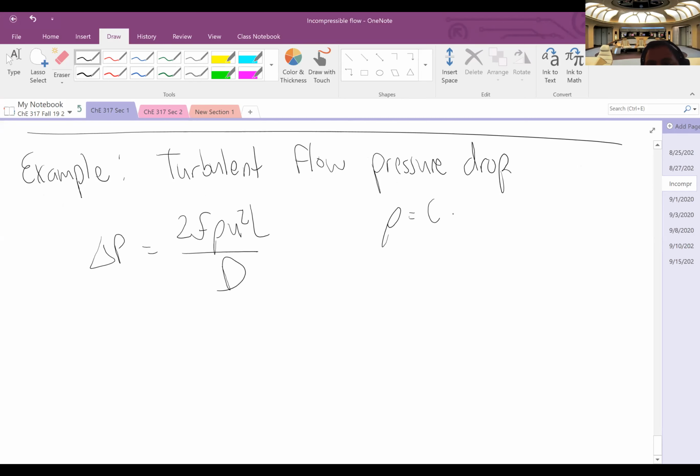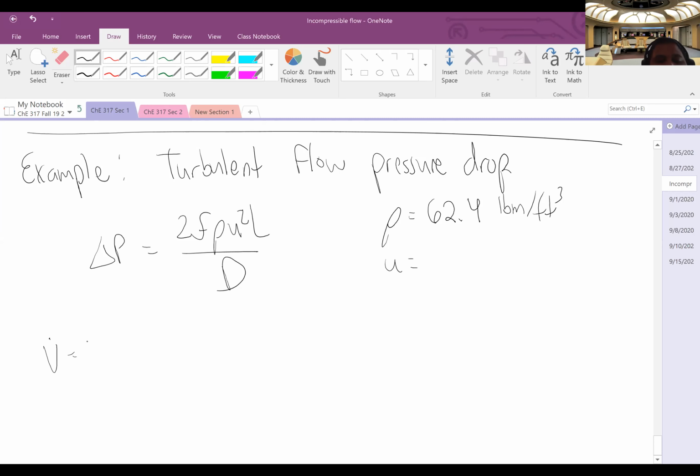I'm always in English units in this class, which is what drives people crazy. 62.4 pound mass per cubic foot. The flow velocity is not provided, so we'll have to solve for it.